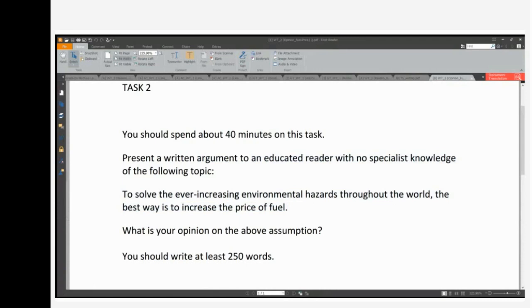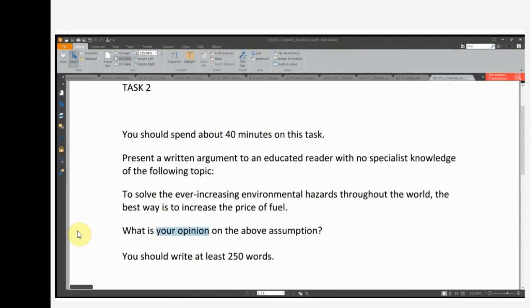Okay, so this is the opinion, and you have to give your understanding of what you can write on this particular thing. So they're actually asking what is your opinion on the above assumption. The assumption says to solve the ever increasing environmental hazard throughout the world, the best way is to increase the fuel price. Now you have to give your opinion on this particular assumption. You should write at least 250 words.